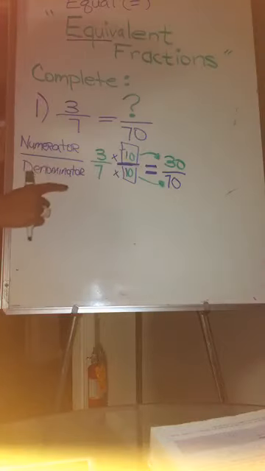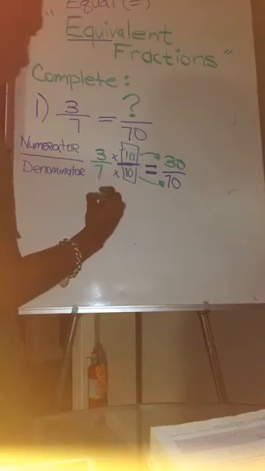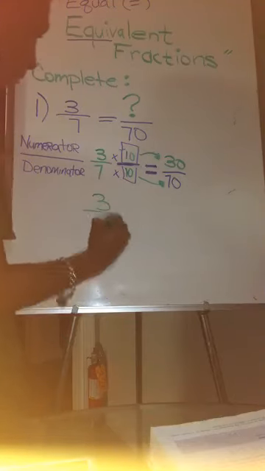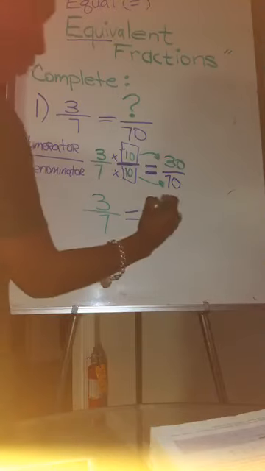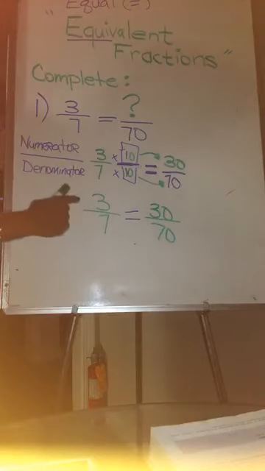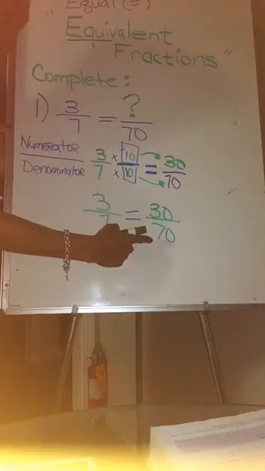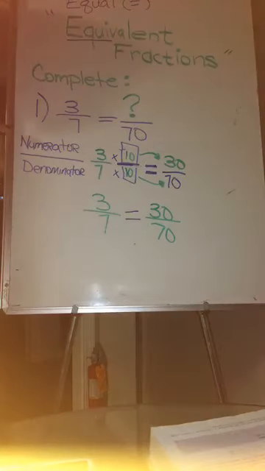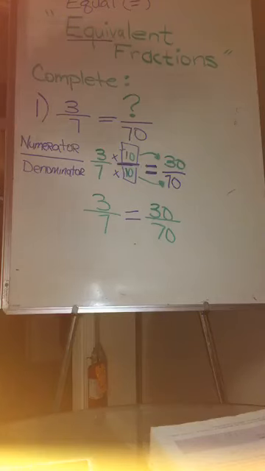So now we can rewrite our fraction. 3 divided by 7 is equal to 30 divided by 70. So 3/7 is equal to 30 70ths. That's a tongue twister, okay? So 3/7 is equivalent to 30 70ths, okay?